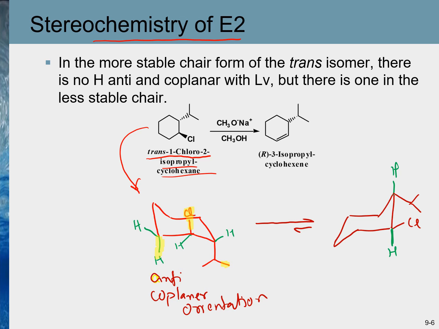Now you can see here in this conformation that chloro is in a weird arrangement now. This chloro cannot have any coplanar or anti conformation with any other hydrogen. So no such coplanar arrangement exists with any other hydrogen.